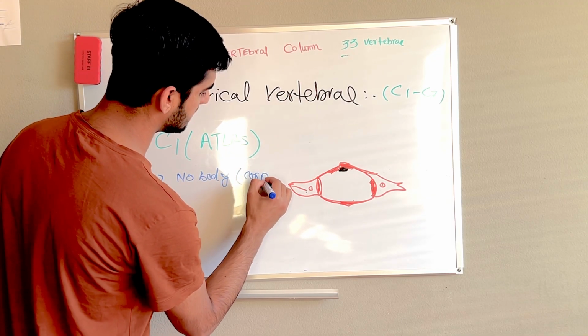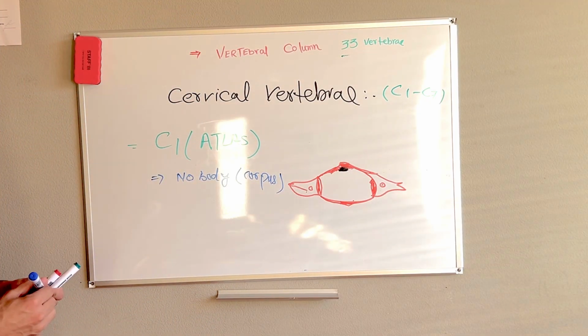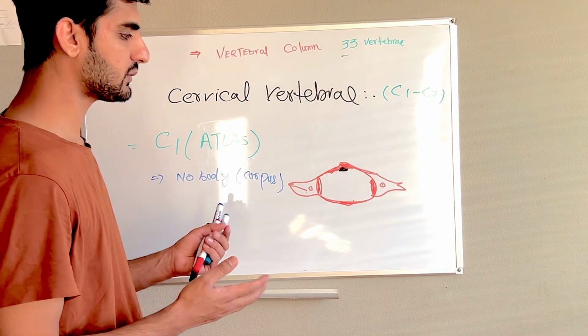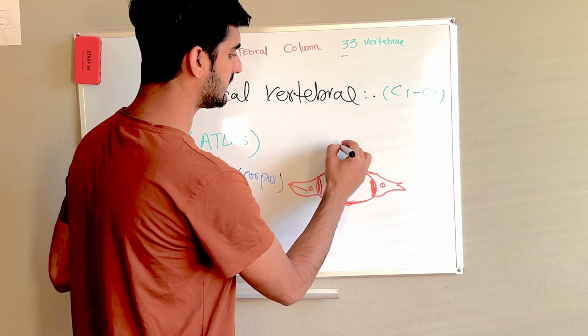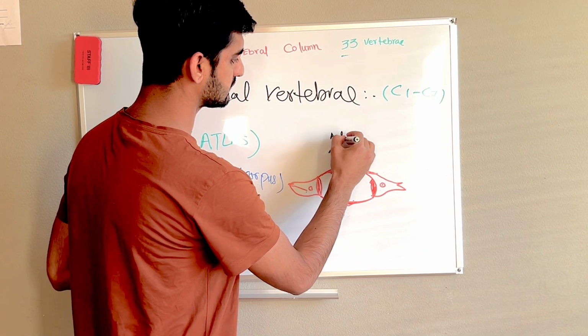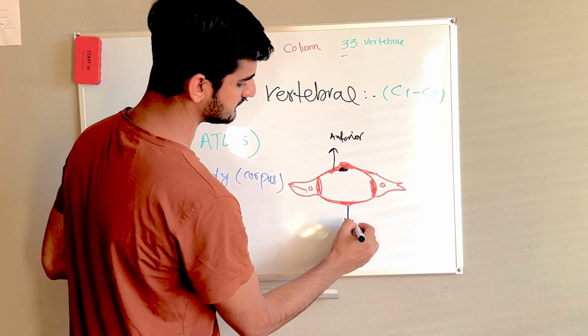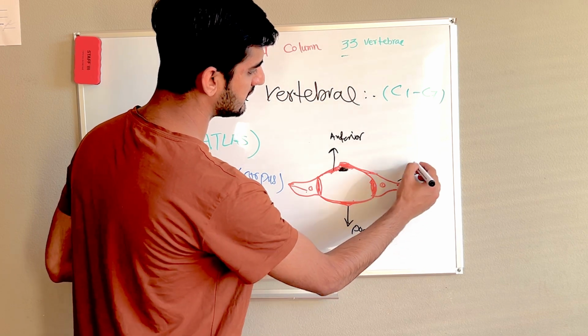Corpus in the Latin language means body. We have no corpus in the Atlas vertebra. Then what do we have? This is the anterior of the vertebra. This is the posterior of the vertebra. This is the lateral.